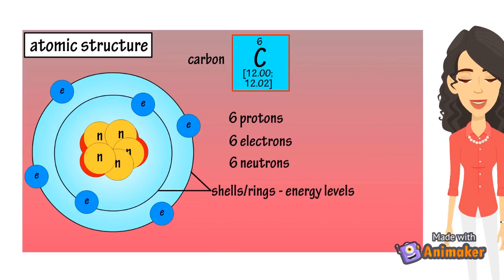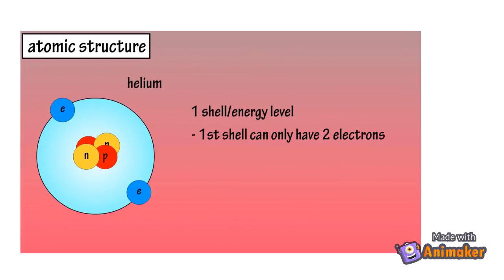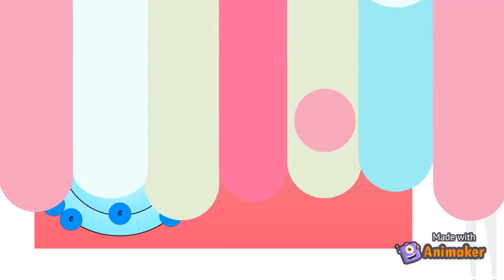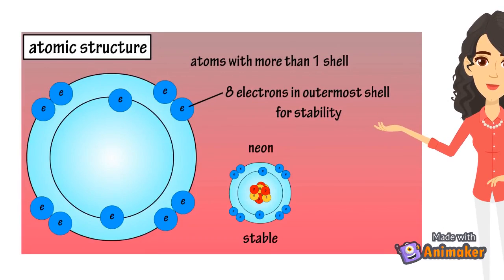The shells represent different energy levels. For example, helium has 1 shell or energy level. The first shell can only have 2 electrons, so helium is stable. If an atom has more than 1 shell, 8 electrons are required in the outermost shell for stability.